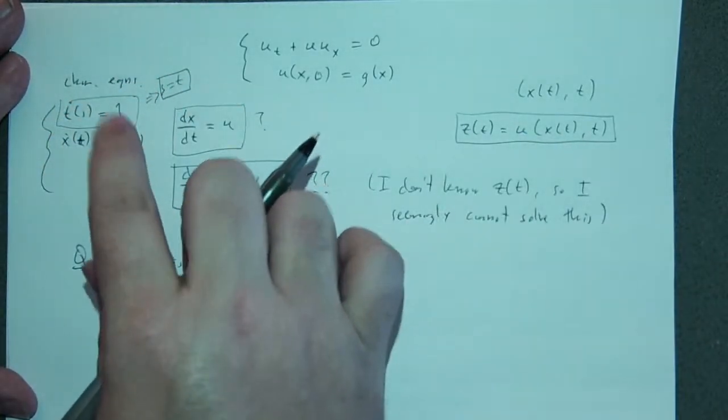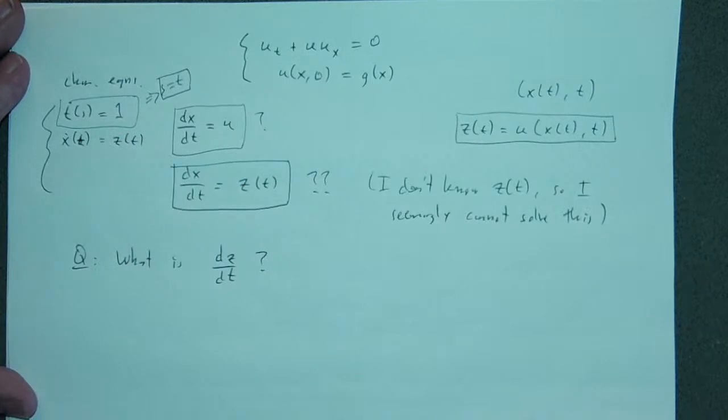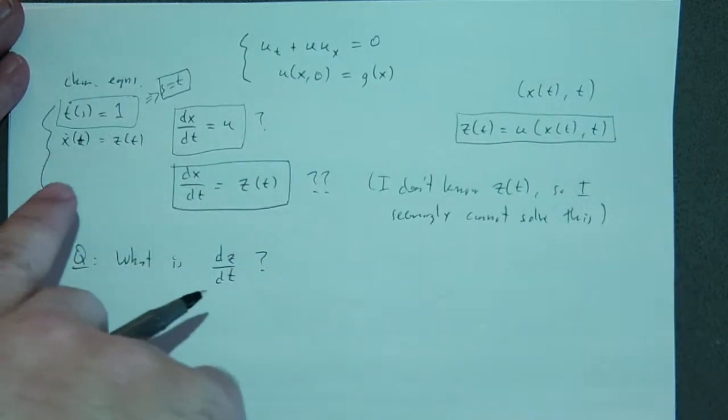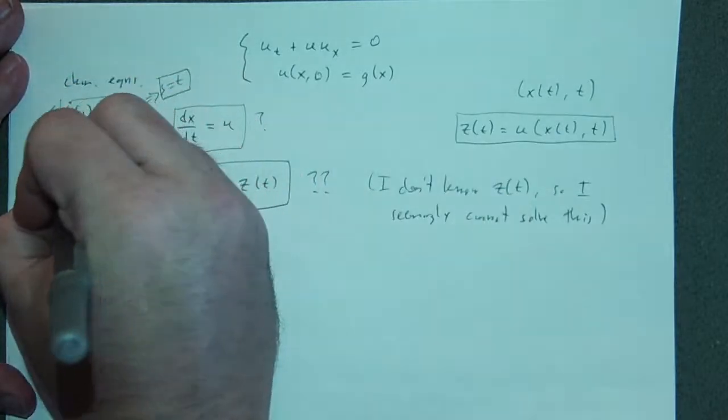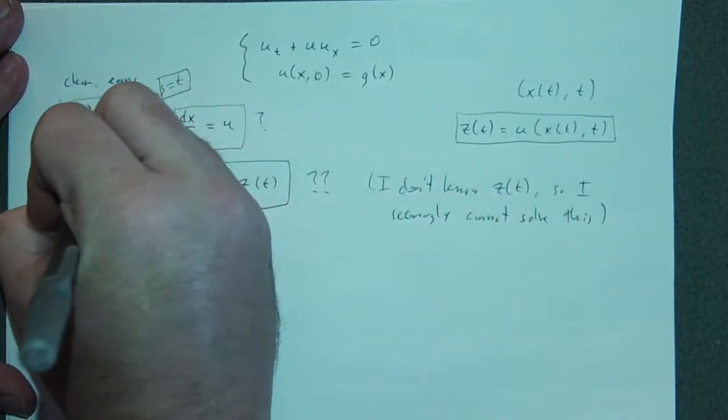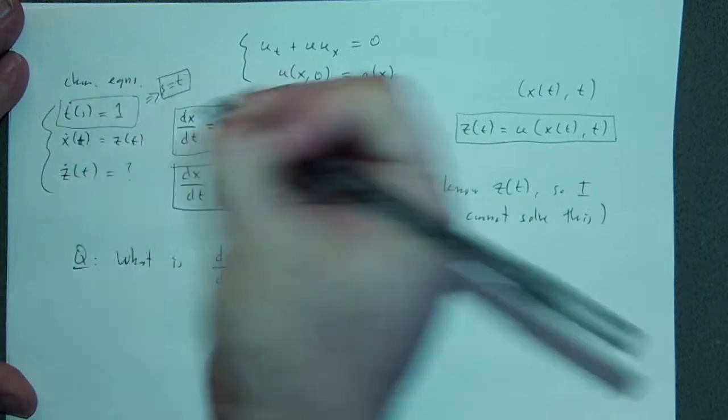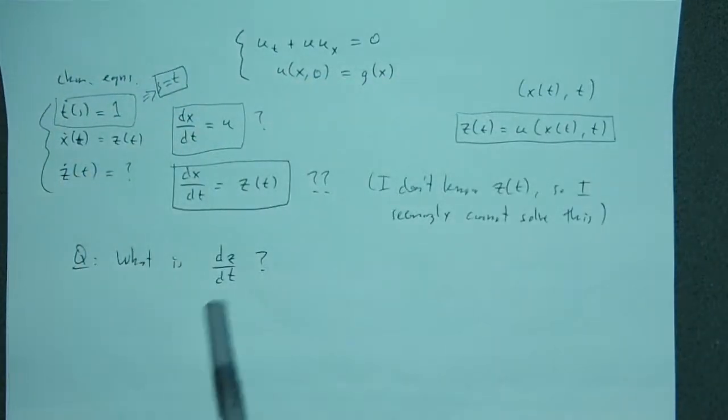But I couldn't solve that. So then what's the last characteristic equation? Typically I need to solve the first few before I even have a hope of solving this. So the question is, what is dz/dt?